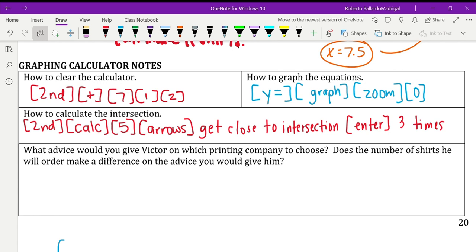That's the second calc. Aquí está. You're gonna get close, vas a acercarte a la intersección. Enter 3 times. Enter hasta abajo 3 times. Yeah.